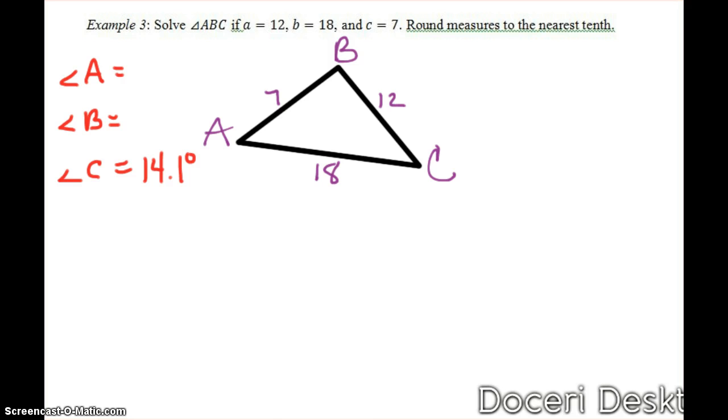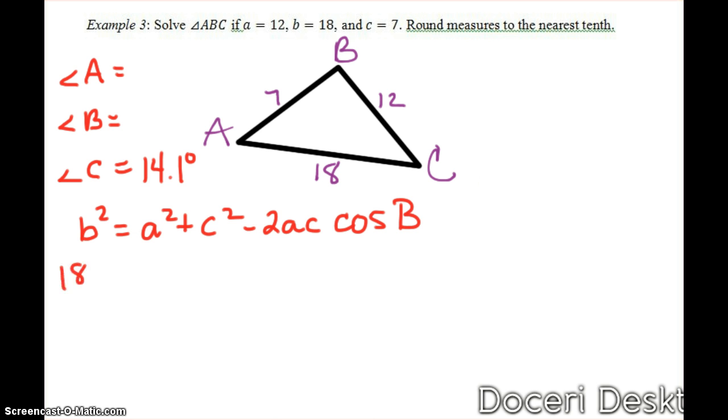Okay, now let's do angle B. So we have to start with b squared equals a squared plus c squared minus 2ac times the cosine of angle B this time. So we're going to solve for angle B. B is 18, A was 12, and C is 7.